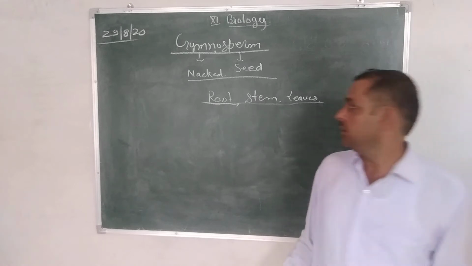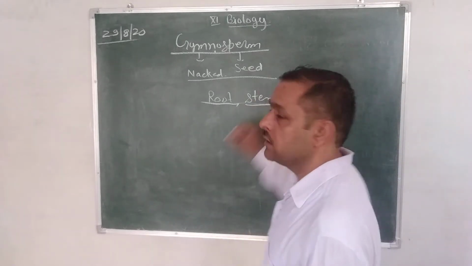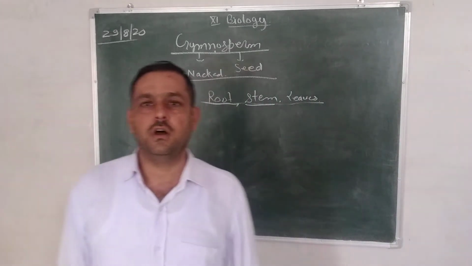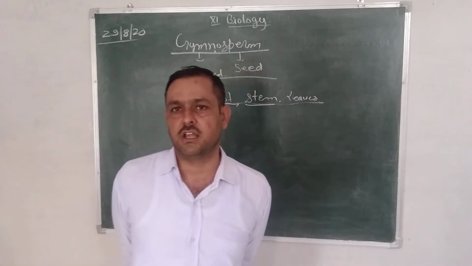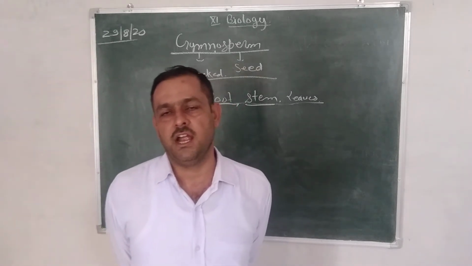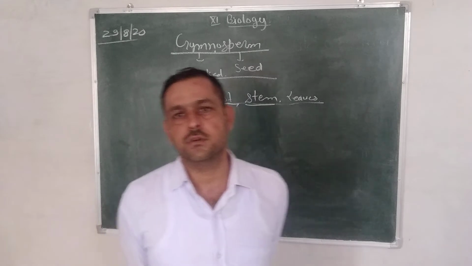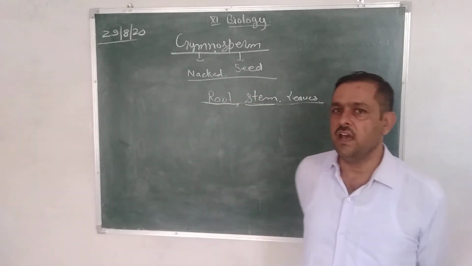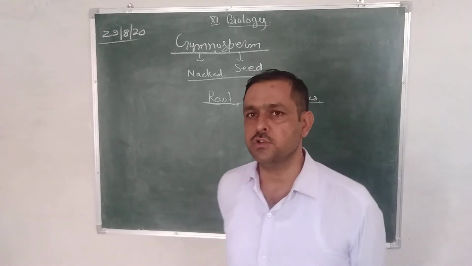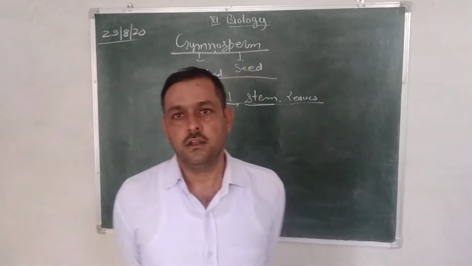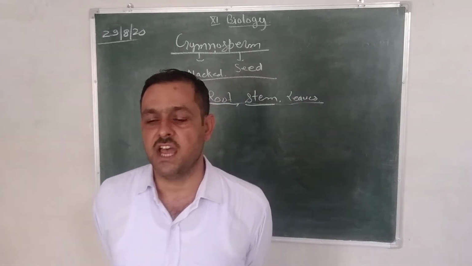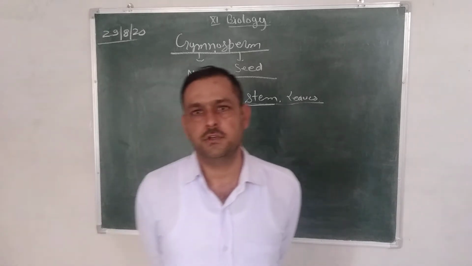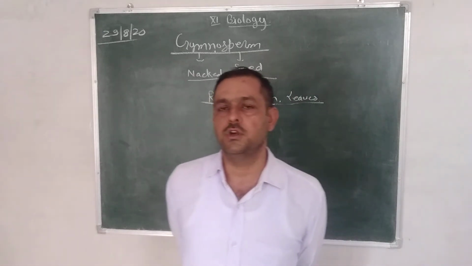Then stem. As you know, stem is a water conducting organ of the plant, and it bears leaves, fruits, seeds, branches, etc. All types of stems are found. And in gymnosperm xylem, what is wood? First of all, you have to know what wood is.